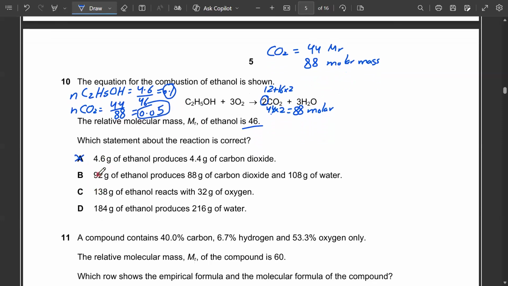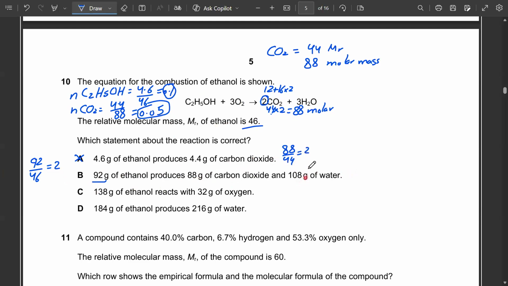Now coming to the B part, that says 92 gram of ethanol produces 88 gram of carbon dioxide and 108 gram of the water. So let's validate this option. 92 gram of ethanol. We can easily check how much mole this is. The MR of ethanol is 46, so 92 divided by 46 is equal to 2 moles. And 88 gram of carbon dioxide is basically 88 divided by 44, that's also 2.